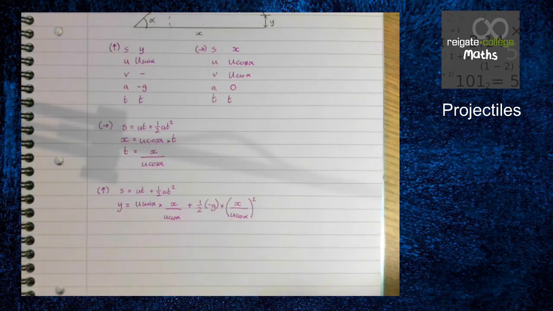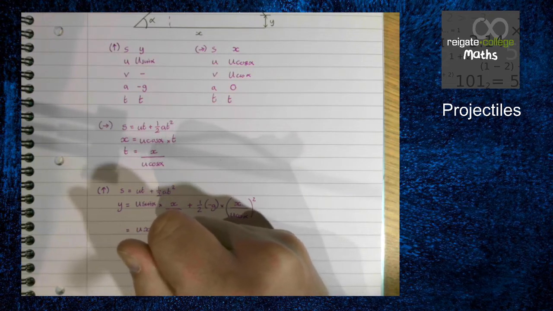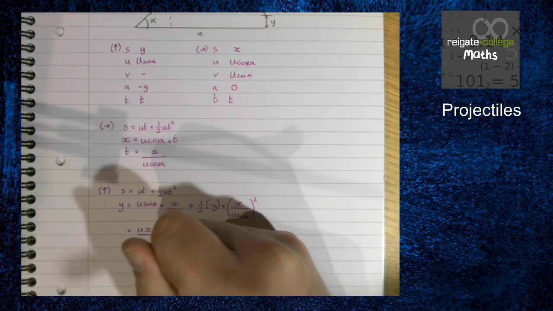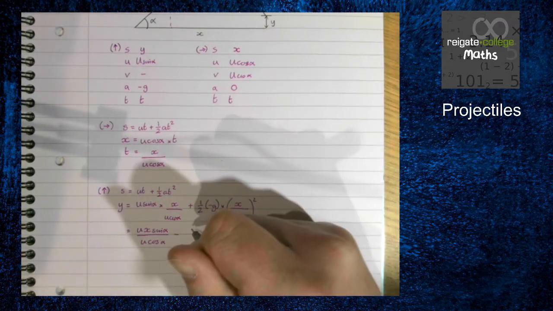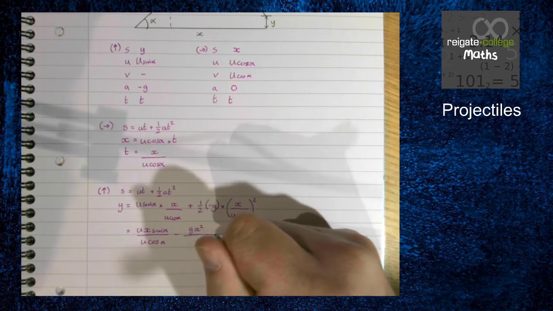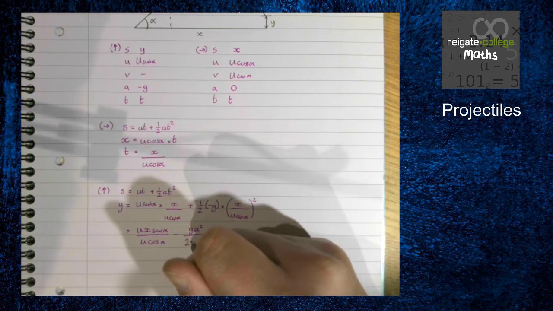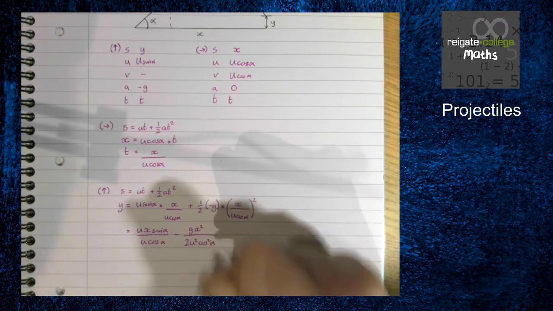We're very nearly there. All we need to do is simplify and tidy up. So we get u x sine alpha over u cos alpha minus g x squared over 2u squared cos squared alpha.